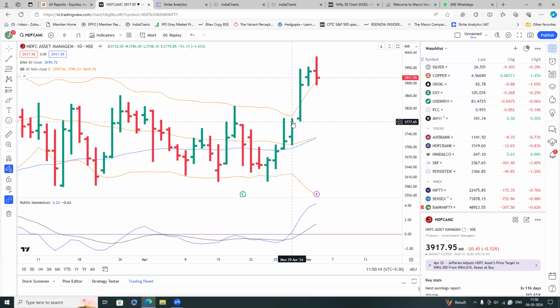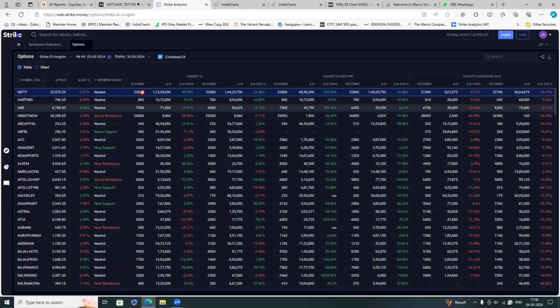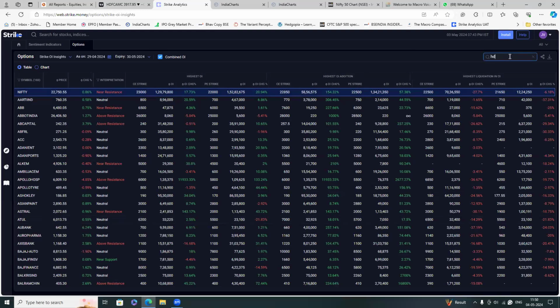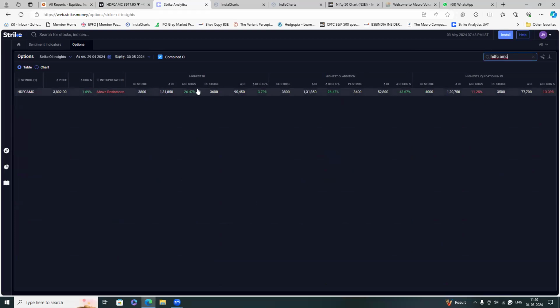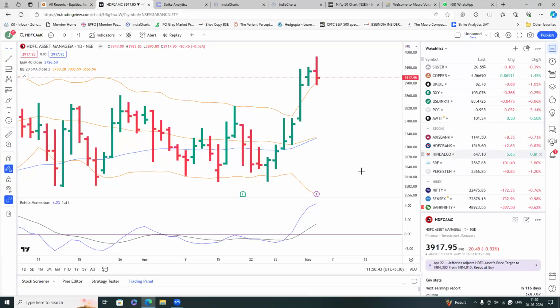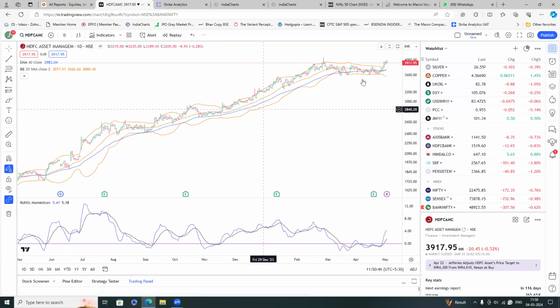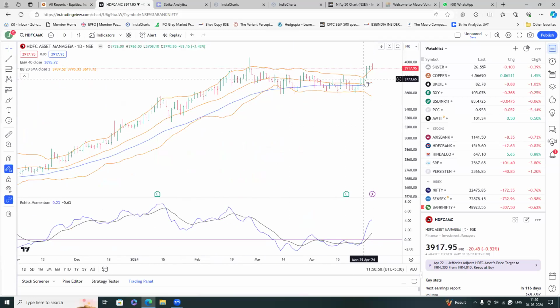Okay, it was the 29th. So when you see the 29th's data, over here there was this change. I may have a slightly different approach as well, but the basic point is that we have to look at the charts as well. This sort of works as a screener, but when you see HDFC AMC, you can see that it was in a consolidation for a very, very long time, and it was just approaching this upper Bollinger band.